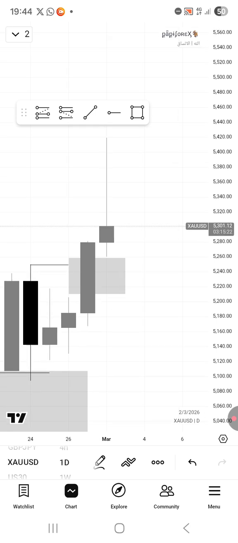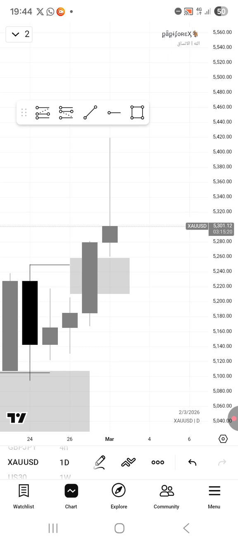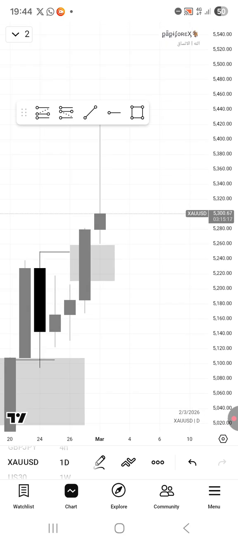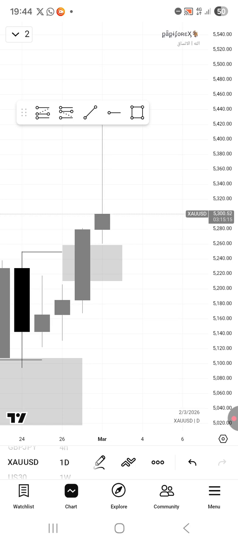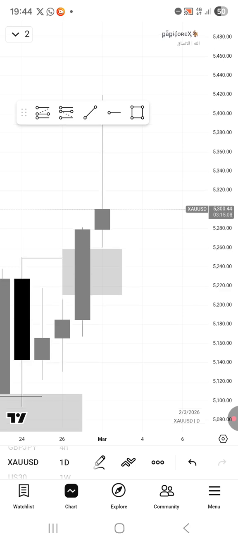You can see a fair value gap on the daily time frame here. This is my point of interest, because if I go lower and see another fair value gap, I won't focus on those, because this particular fair value gap on the daily time frame will act as a magnet to pull price down to this area. So my focus is this fair value gap here.